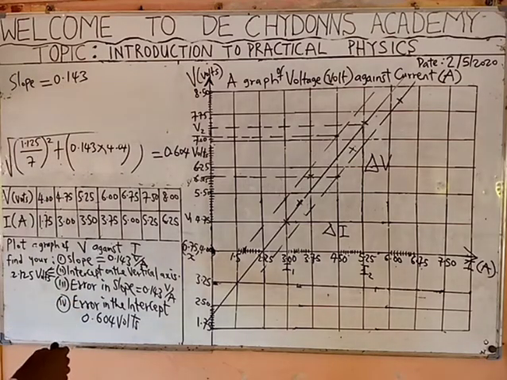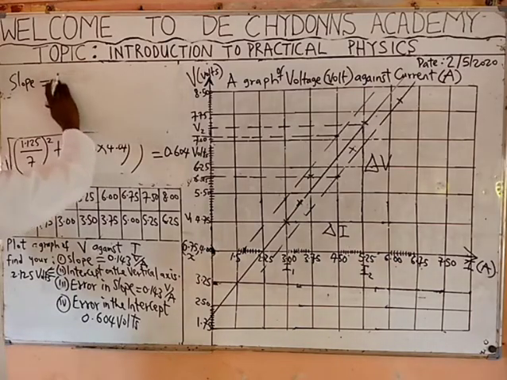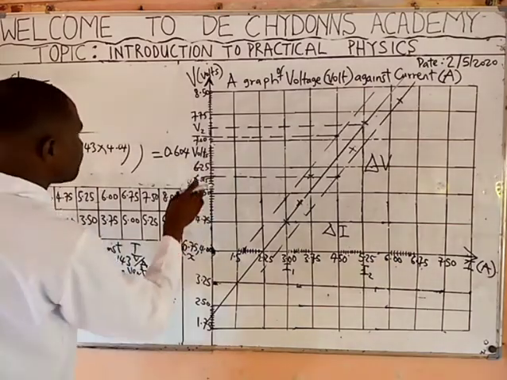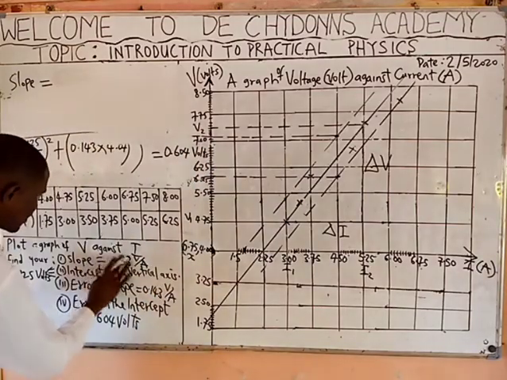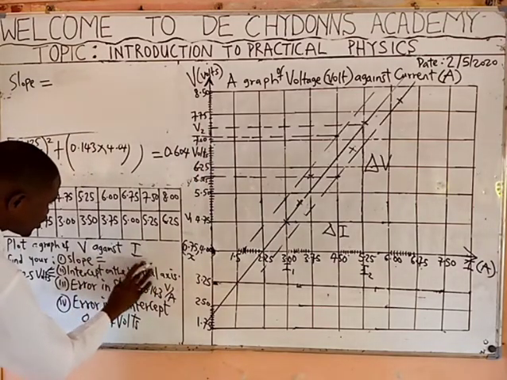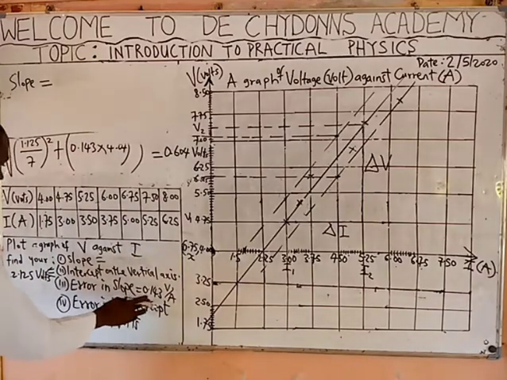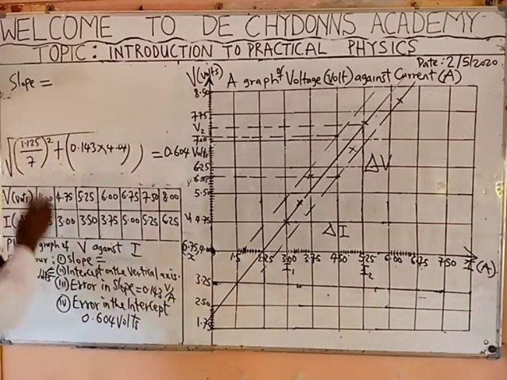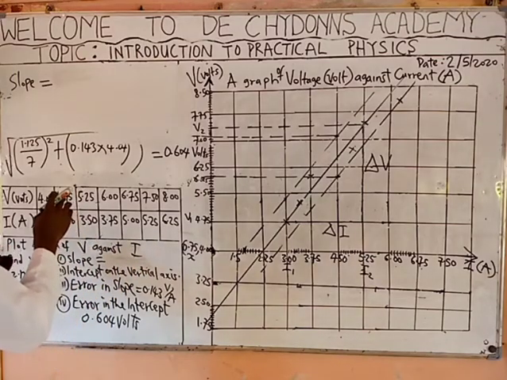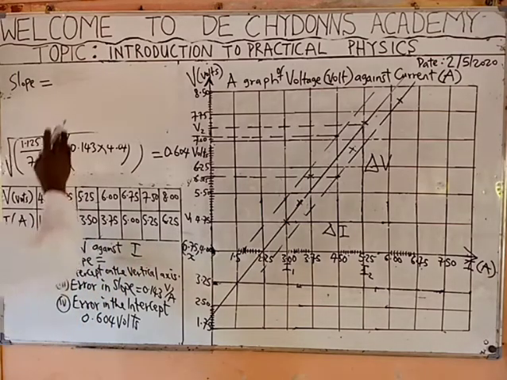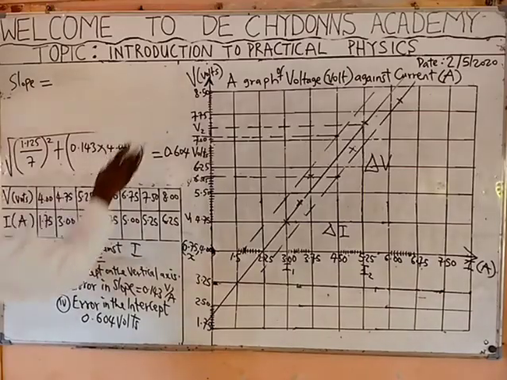No, this is the error in slope, please. So our slope, when we got it, was 1 point something. I've cleaned it off.